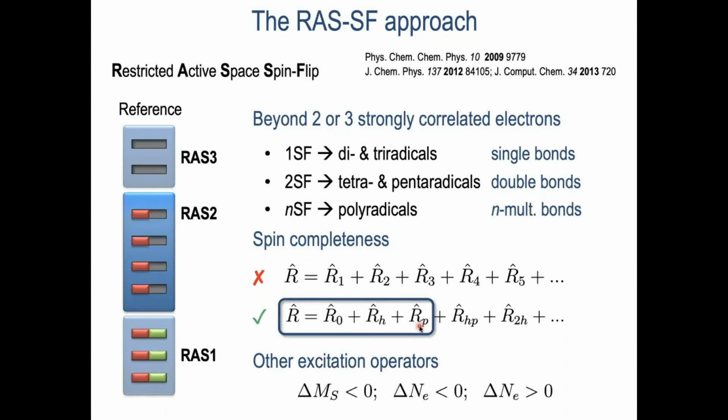So this type of method emerged from the spin flip methods, but actually they can be more general, meaning that we are not forced to use only a spin flip operator. We can use other types of excitation operators, like operators that conserve spin, but also operators that do not conserve the number of electrons, either adding or removing electrons from the system.